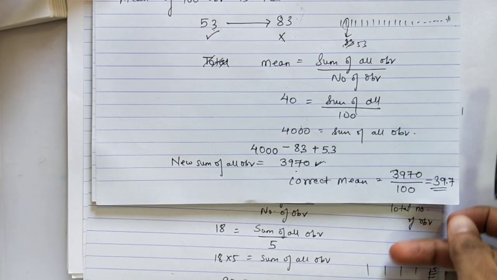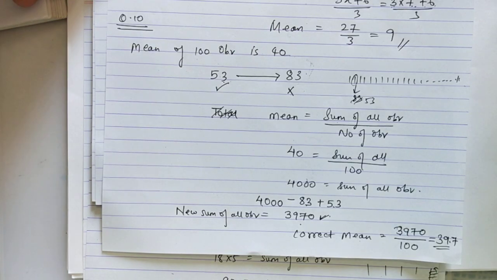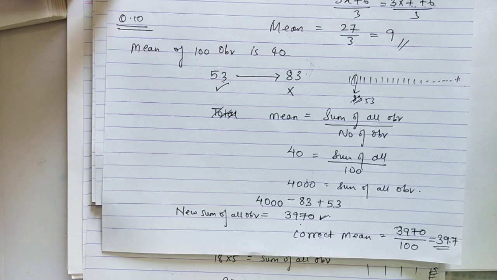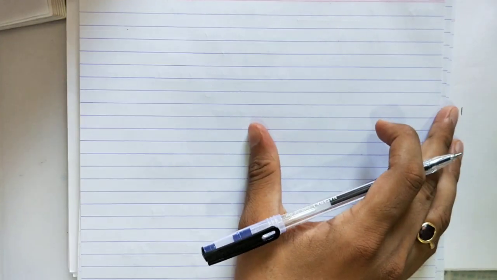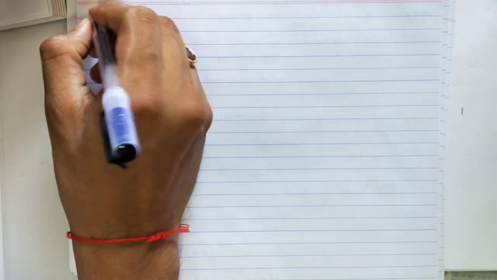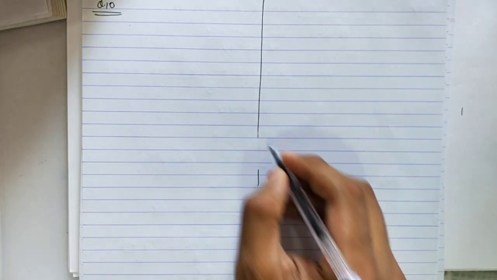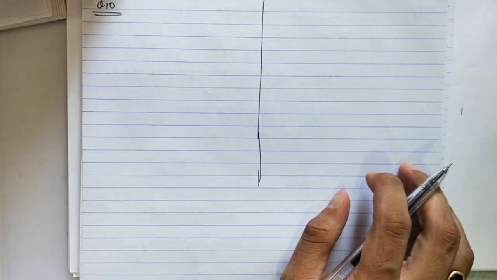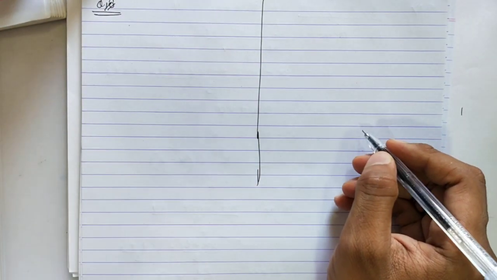Copy the sum. The 11th question is also the same, but there they have given us two values. The question remains the same. In the 11th question, the mean of 200 items was 50.